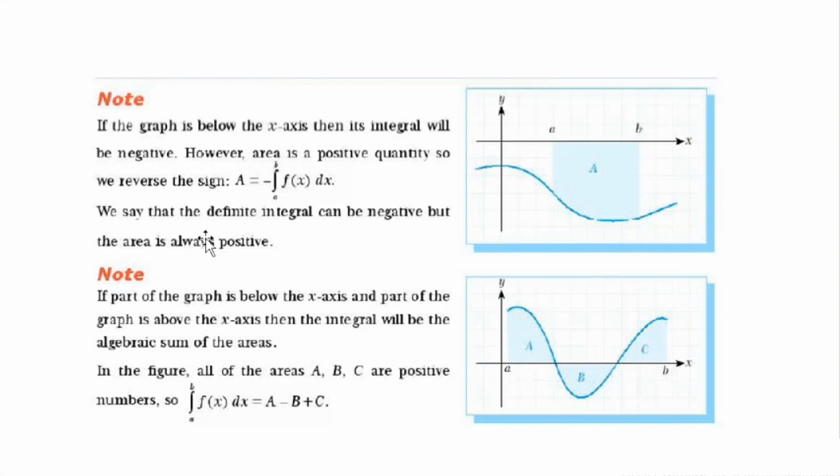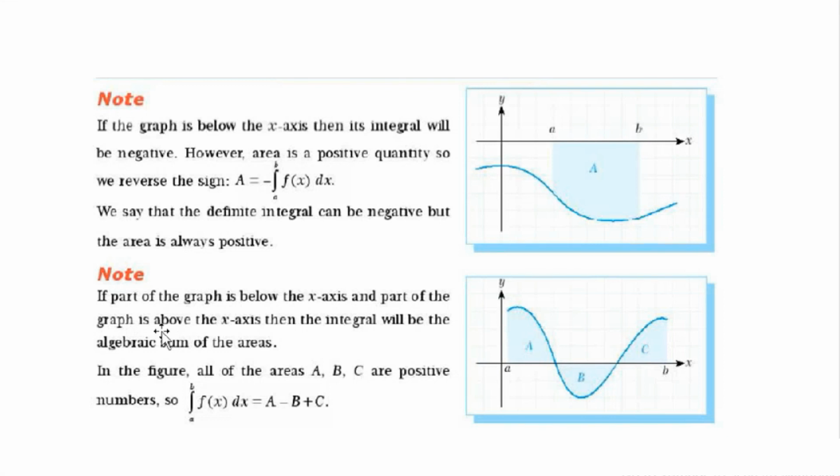We say that the definite integral can be negative, but the area is always positive. So in this graph, if the region is below the x-axis, the area itself is positive, but we indicate a negative when it is below the x-axis.